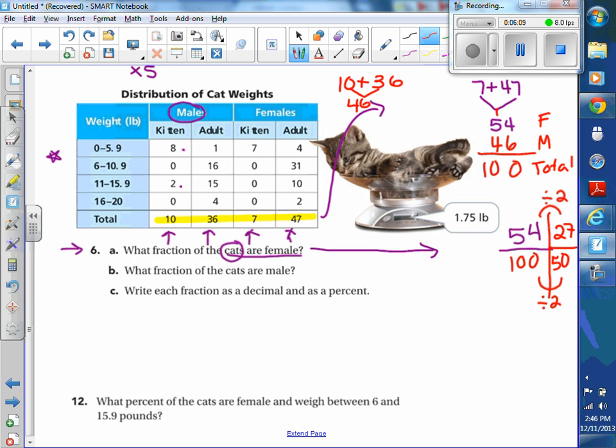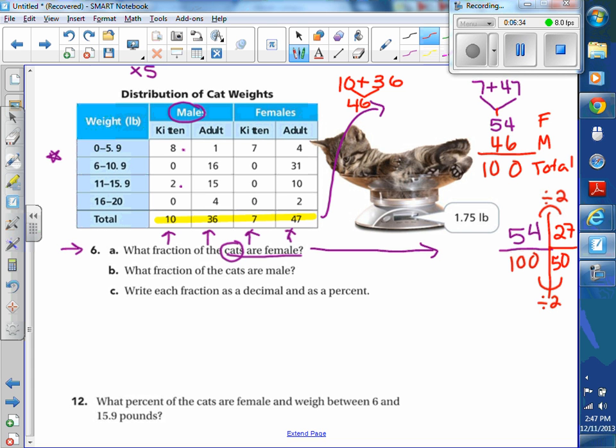So what fraction of the cats are male? Isabella, what did you get for part B? Okay, well, let's do it. So how could you get that one? You add up all the bottom ones. The bottom is the 100 from Connor, right?